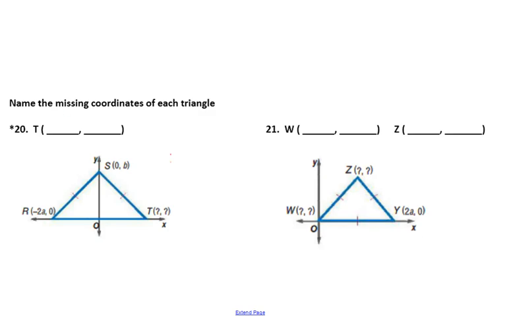In number 20, to find the missing coordinate, well, we already see that R is negative 2a and 0, S is 0 and b, we're looking for T. Well, the easy one is the y value, because we don't go up or down on the y-axis, we go right on 0 on the y-axis. So I know that this 0 is y. Now, we know that this is an isosceles triangle because these two sides are congruent.